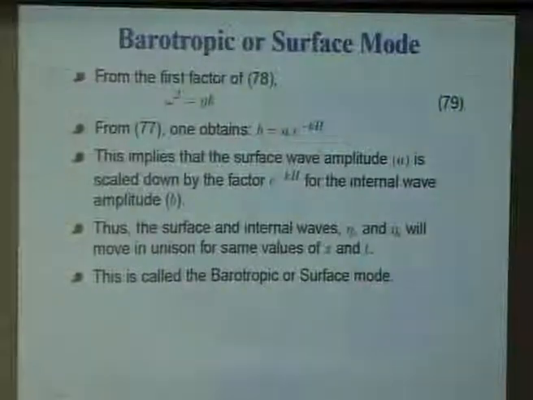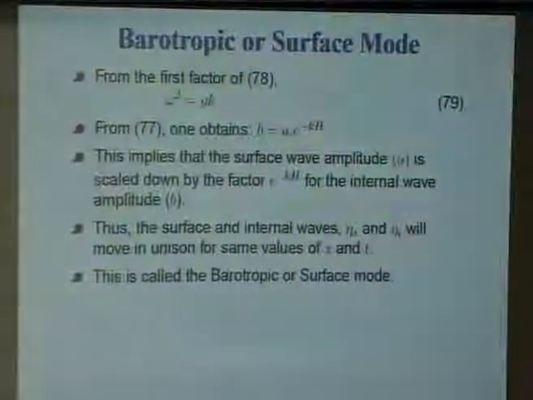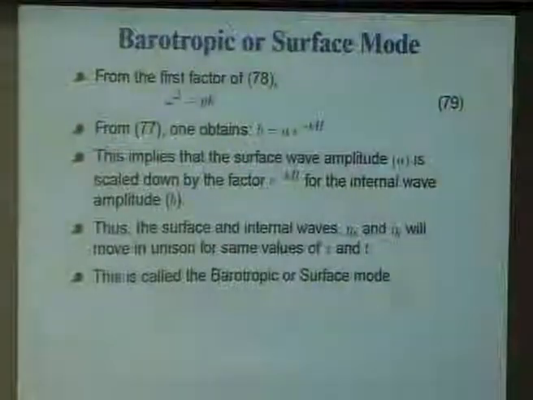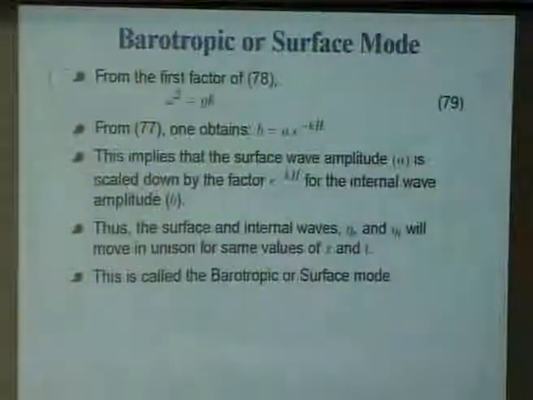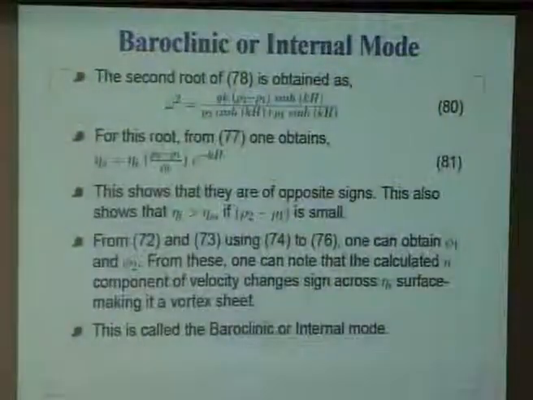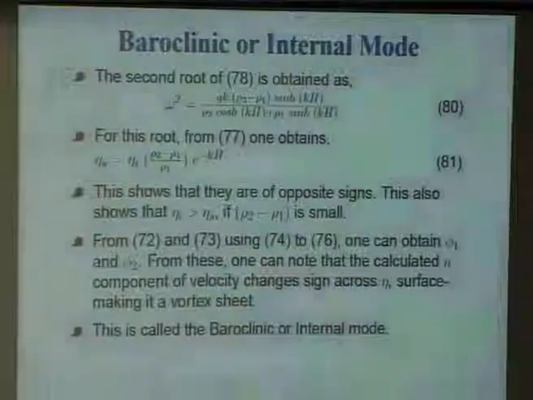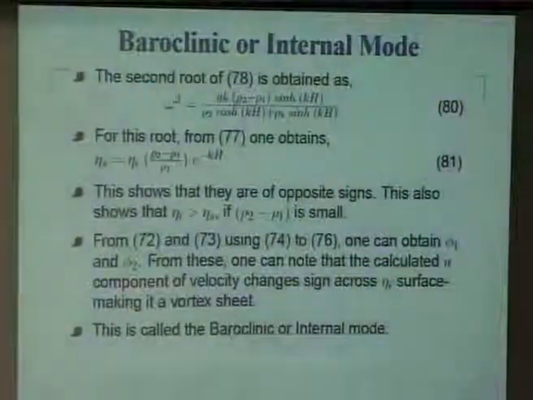You also note that they are of the same sign. So, eta s and eta I will move together, and this is what we call the barotropic or the surface mode.